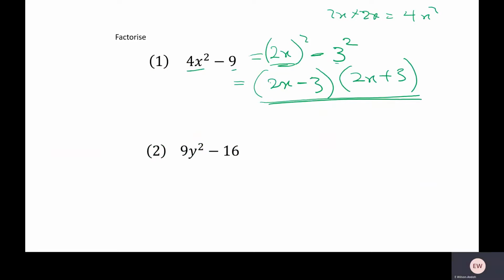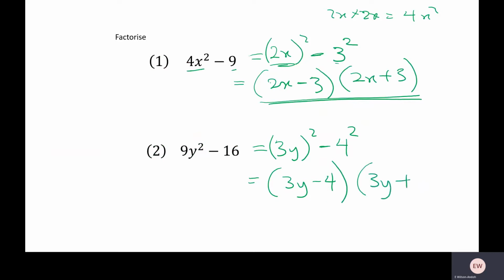In the second question, we are going to rewrite this as 3y all squared, because 9 is a square number, and the 16 is going to be 4 squared. So now that we've written this, we are going to pick the base of the first term, which is 3y, and subtract the base of the second term, so minus 4, and open our bracket.